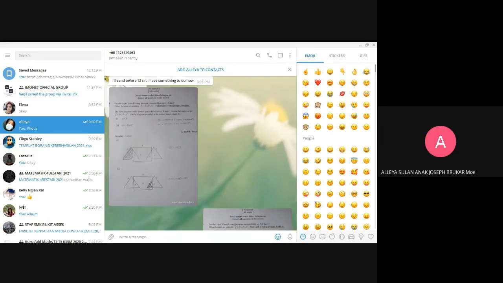Question 2. A intersect B union C. No, A union B intersect C. A union B intersect C. So which one do we need to do first? A union B. Yes, but why do we need to do the A union B first?